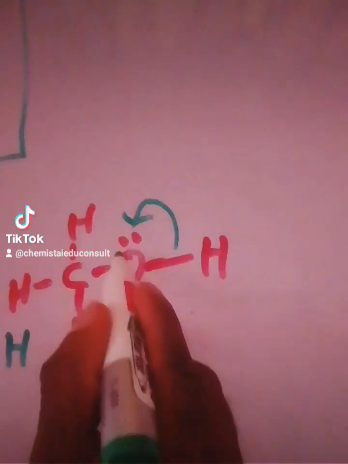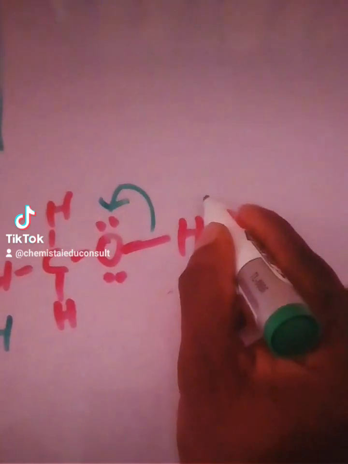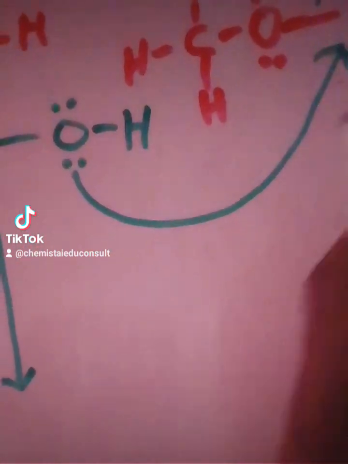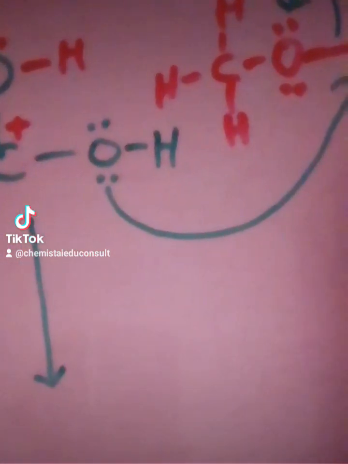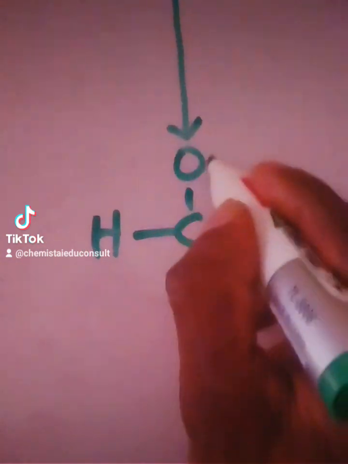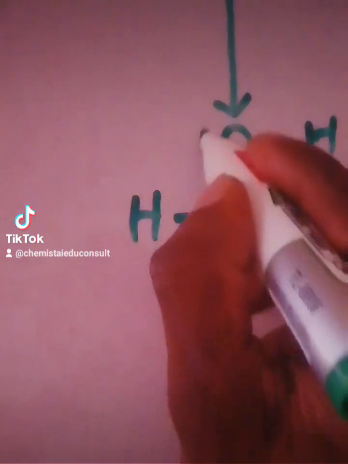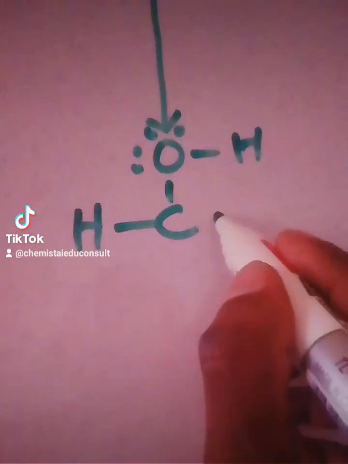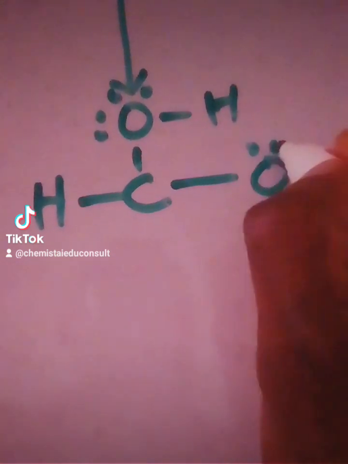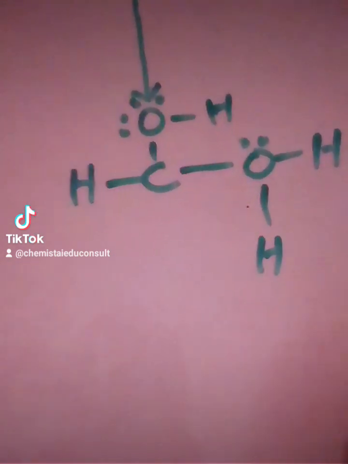The oxygen will attract the bonded electrons, and hydrogen as a proton requires this lone pair. The lone pair from the oxygen goes to this hydrogen, and we now have this. H here, lone pair. That is what we have.